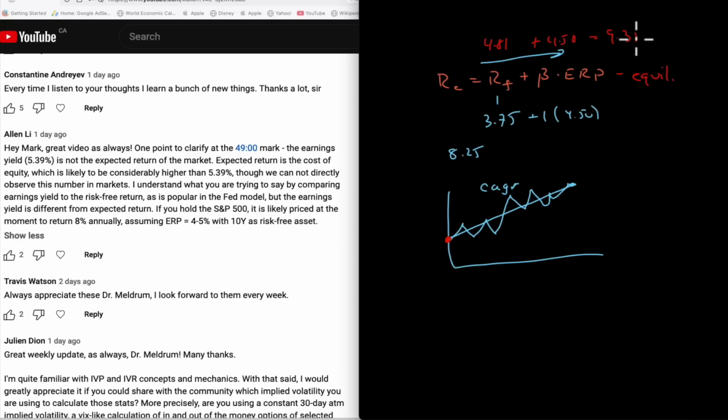And if we're using equilibrium models, we must assume that the multiple is also in equilibrium, which is a long-term forward multiple on the market of 16.6.